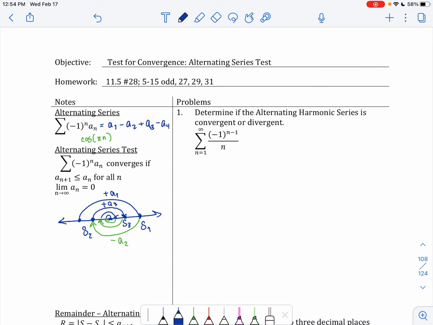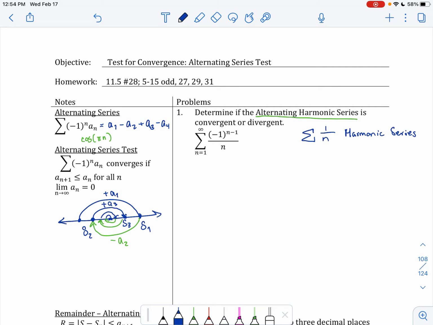So, number 1, determine if this, called the alternating harmonic series, is convergent or divergent. So if there's two series that I want you to memorize, it's these two. The alternating harmonic series is called that because if I take away the alternating portion, this is called the harmonic series.